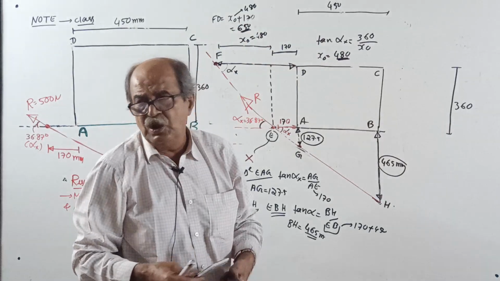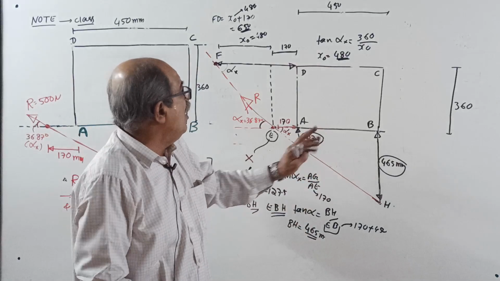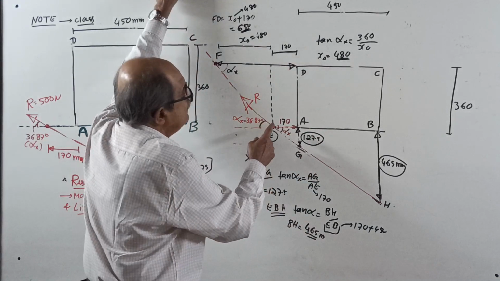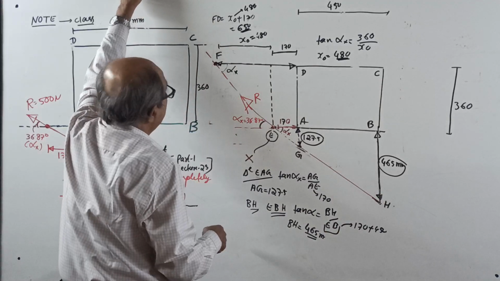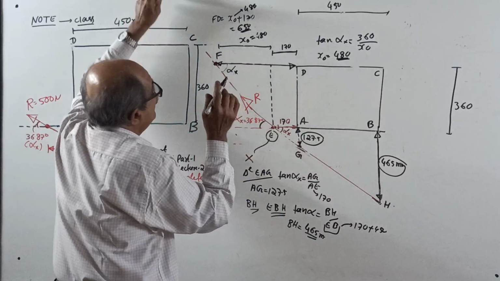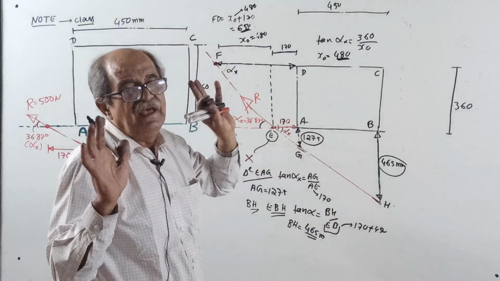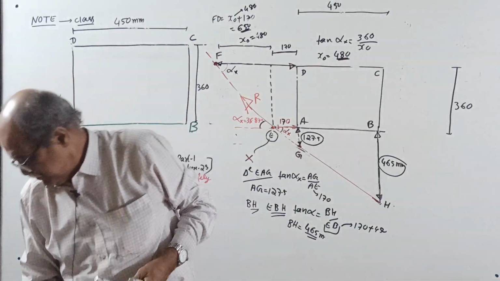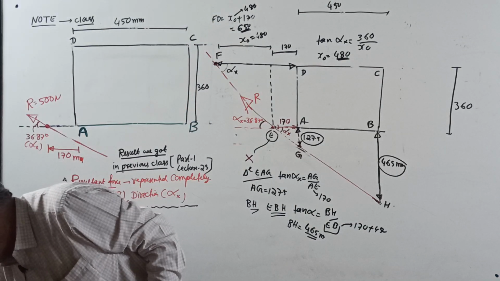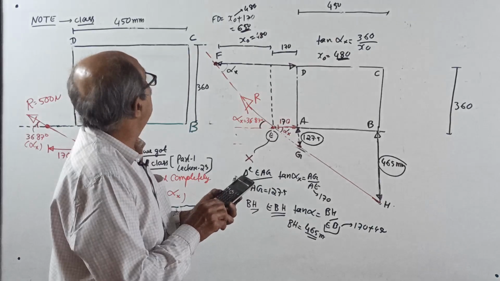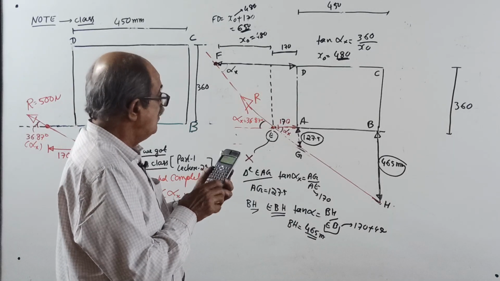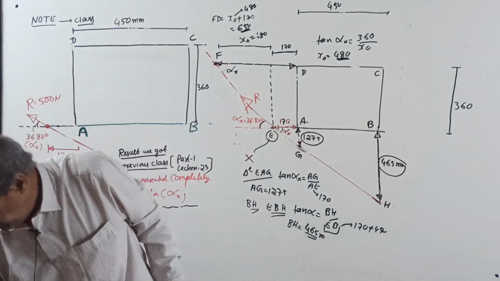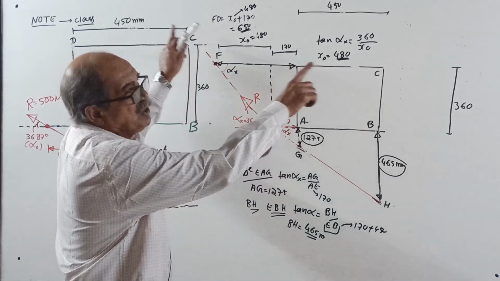So what I will do now is remove all these sketches and write distance 1. I will put a new sketch here. But how to write here? First you take a snapshot here.